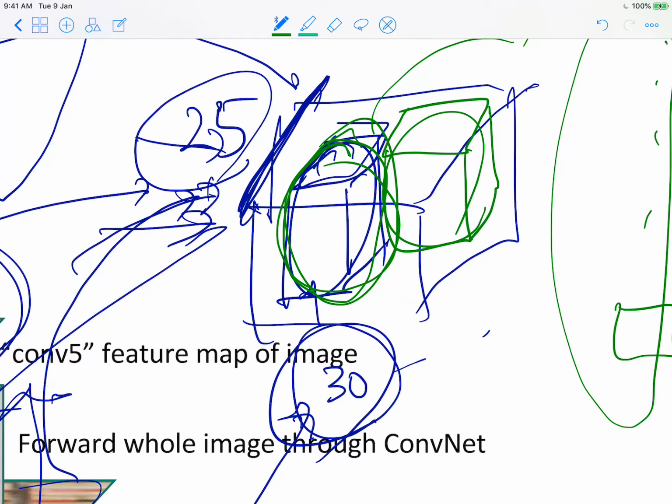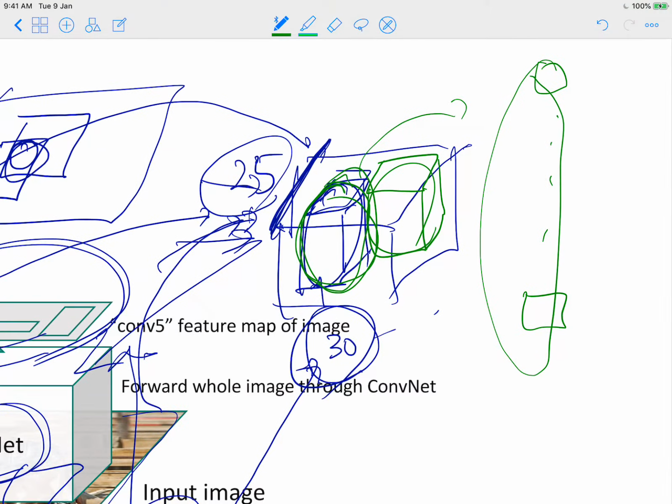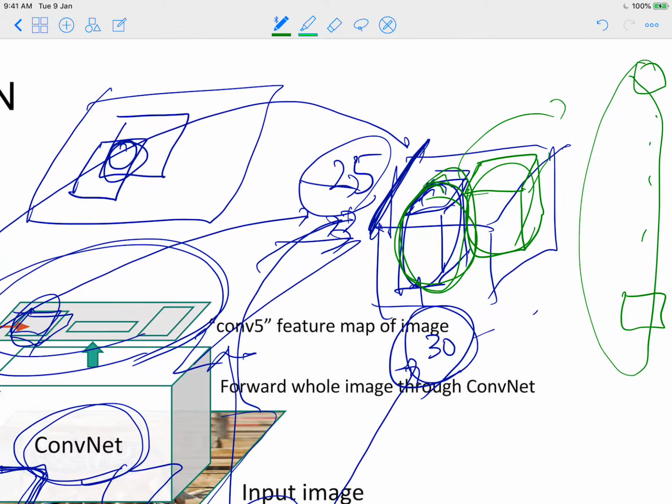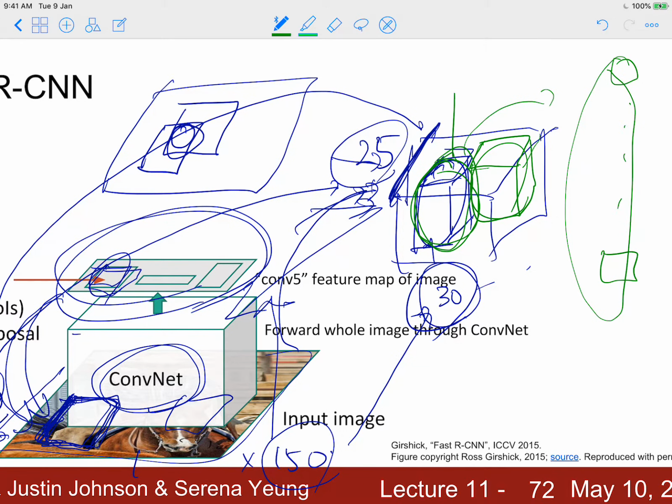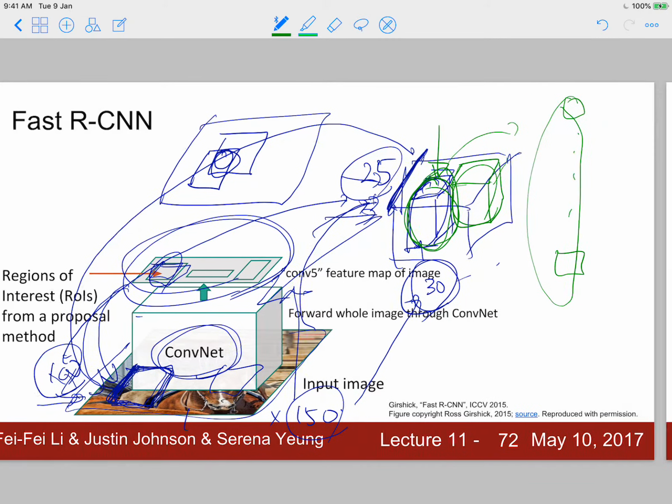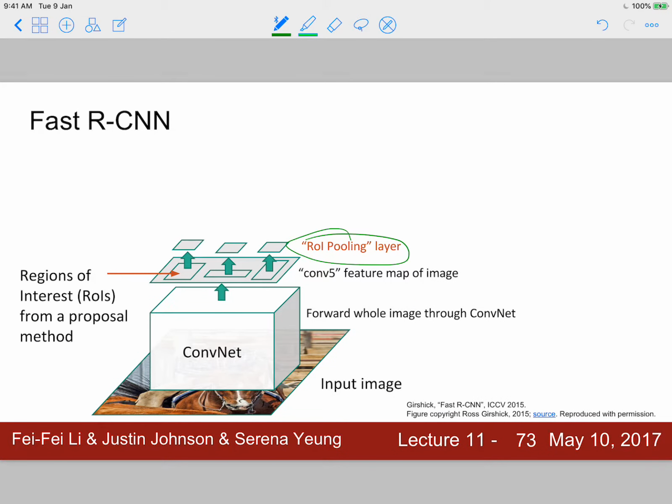So still we need ROI pooling to make this into the predefined fixed size, because our fully connected layer requires the same number of input nodes, so the dimension should remain the same for each of our ROI regions of this activation map. That's why we also need the ROI pooling over here.